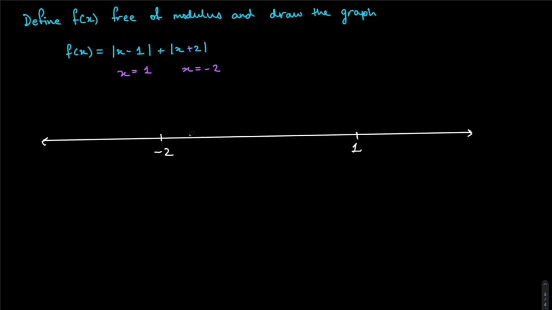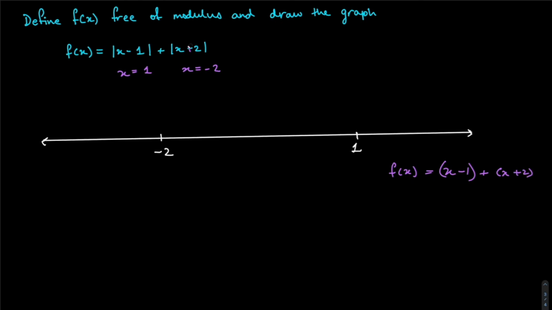Now when my values are greater than x is equal to 1, because it's positive, my f of x will basically be x minus 1. And since x is greater than 1, it's also greater than negative 2, so this will be as it is, x plus 2.